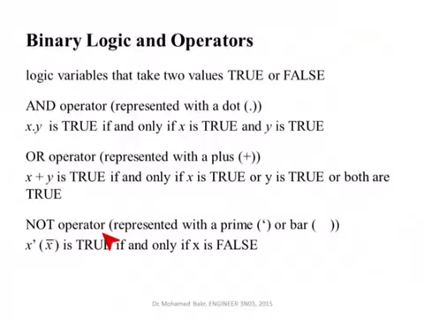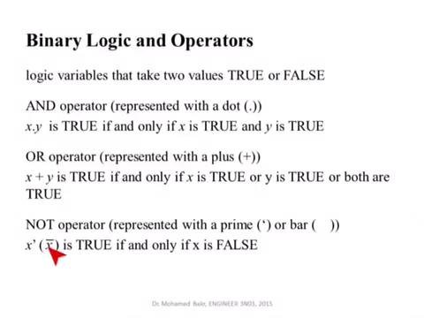The NOT operator inverts a logic statement. So when I say it is not morning, this statement is false if it is indeed morning. For example, if a variable X is true, then its NOT will be false.